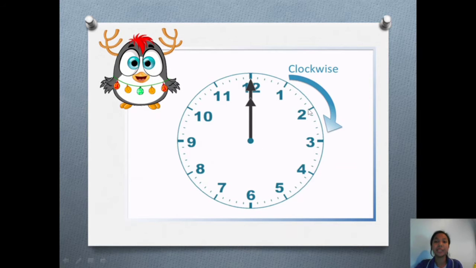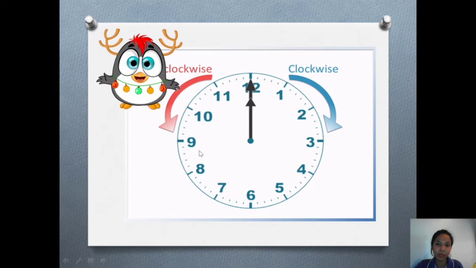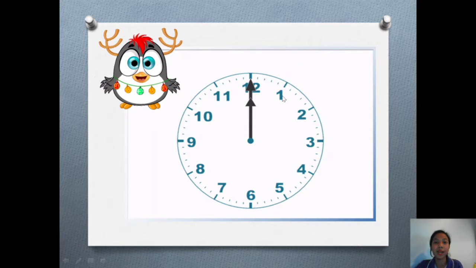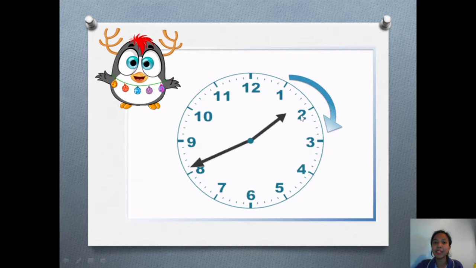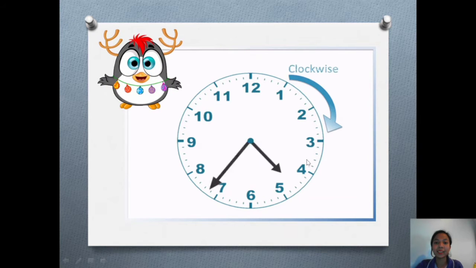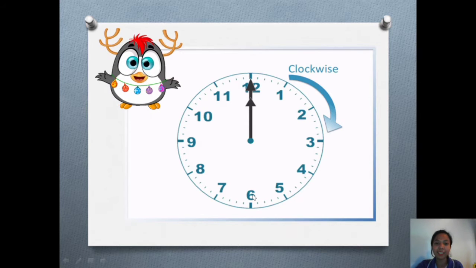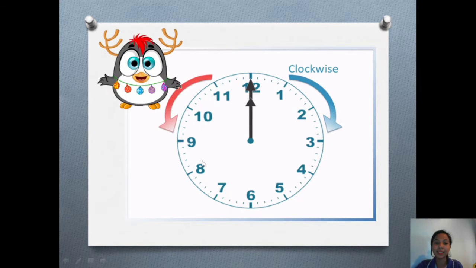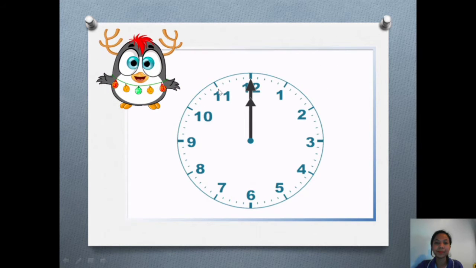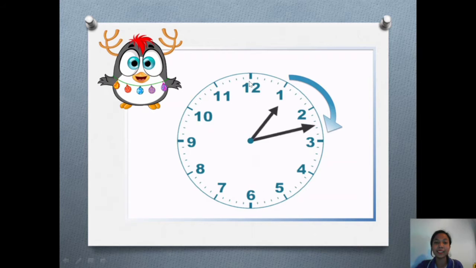It's 10 minutes. So in short, for every number here that we have, 1, 2, 3, 4, 5 up to 12, just count it by 5. Let's say 1, so it's 5 minutes, next, 10 minutes, next, 15 minutes, next, 20 minutes, next, 25 minutes, 30 minutes, 35 minutes, 40 minutes, 45 minutes, 50 minutes, and 55 minutes, and in the last one, 60 minutes.